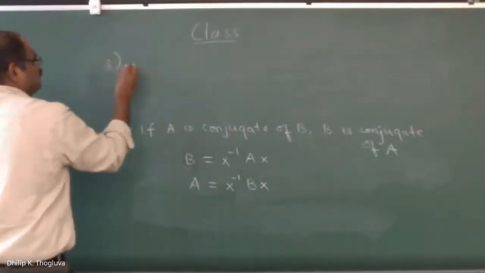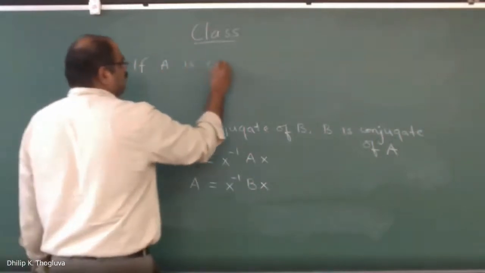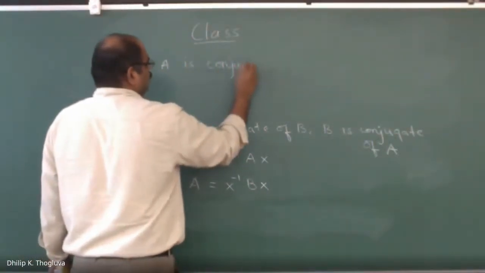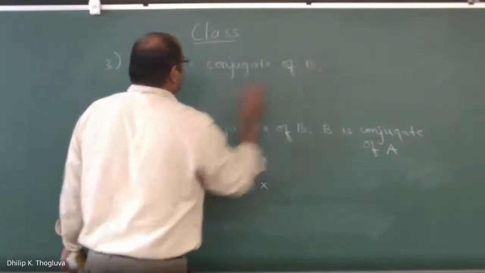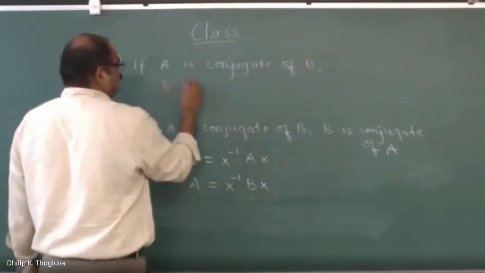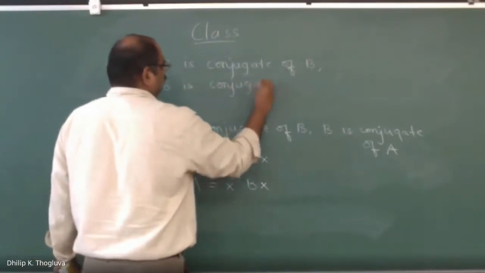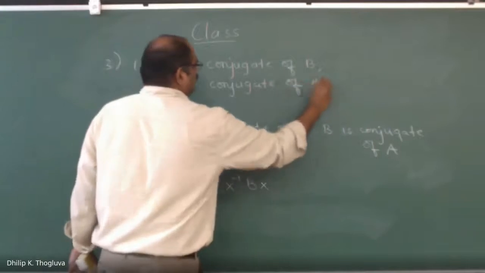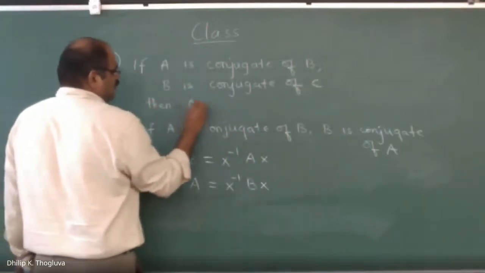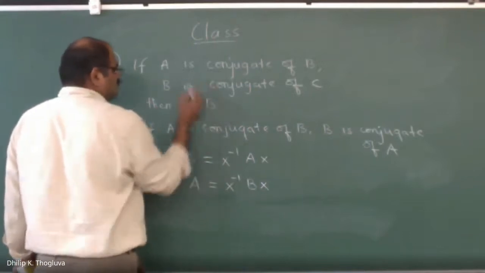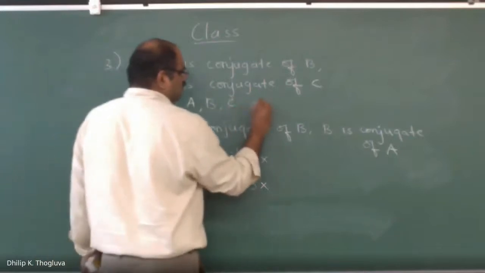So the third rule is: if A is conjugate of B, and B is conjugate of C, then A, B, and C are mutually conjugate.